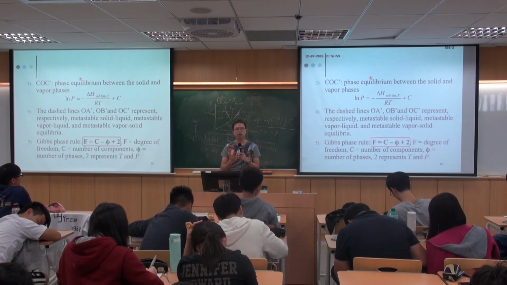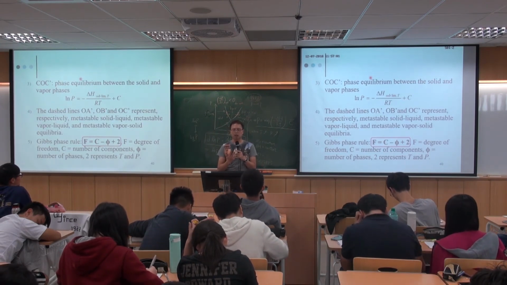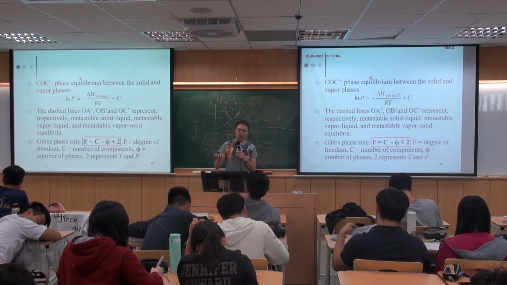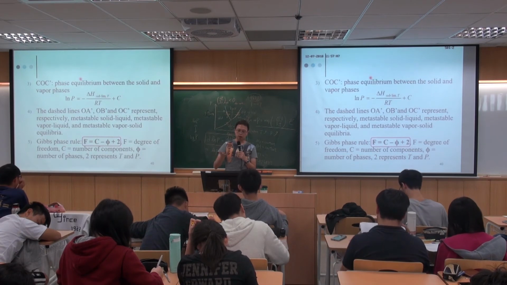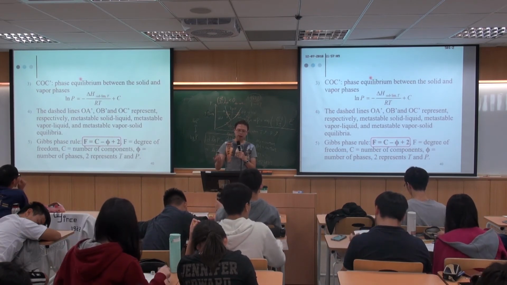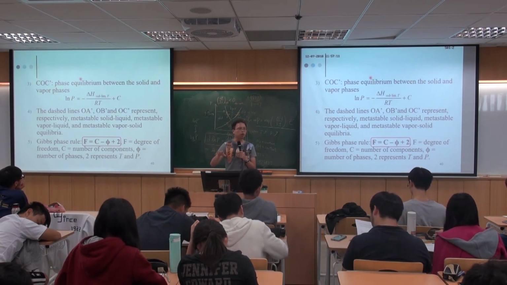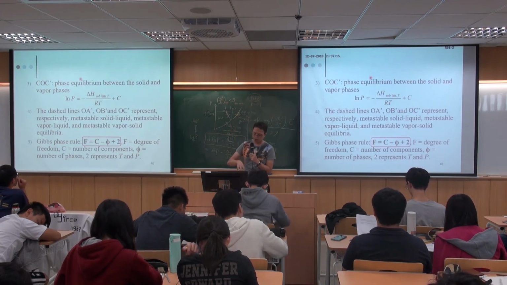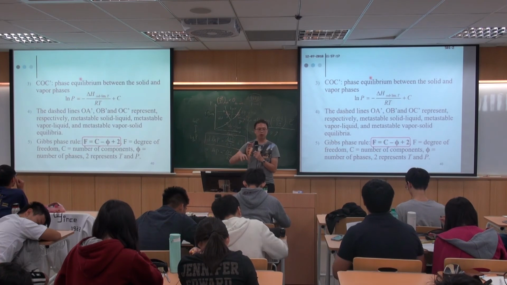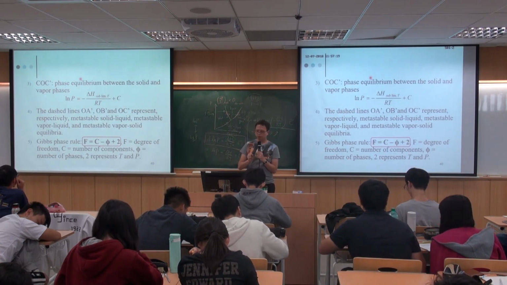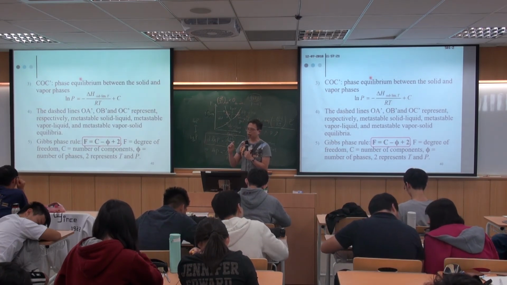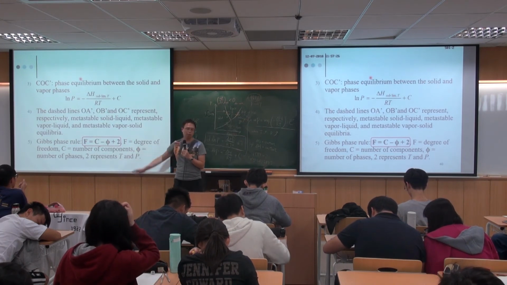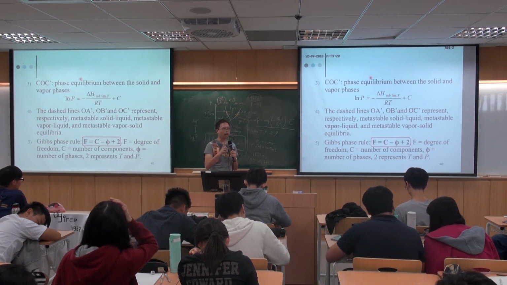We haven't discussed the chemical potential yet, right? Like I mentioned at the beginning of today, we're going to ignore the chemical potential for this chapter because right now we're dealing with just 1 component system.